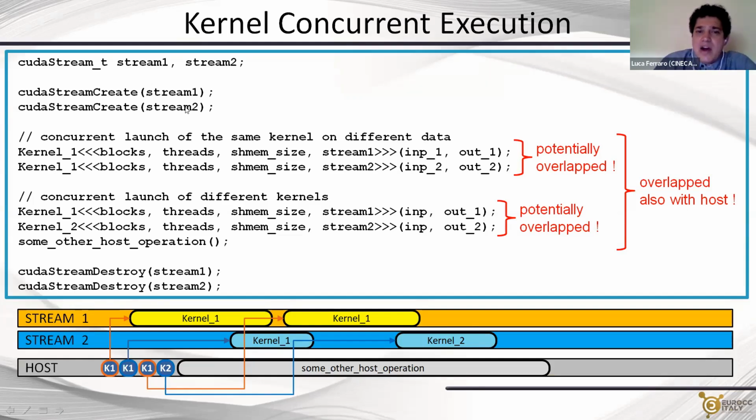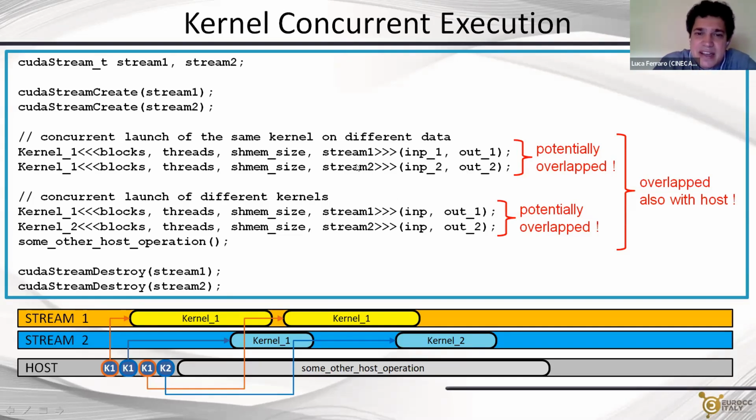Now I can choose to launch kernel 1 on different data, input 1 and input 2, on different streams. So for example, kernel 1 on stream 1 and kernel 1 with data in input 2 on stream 2.